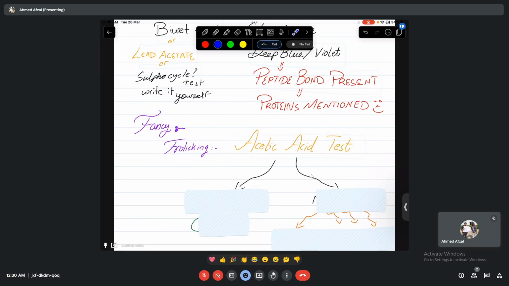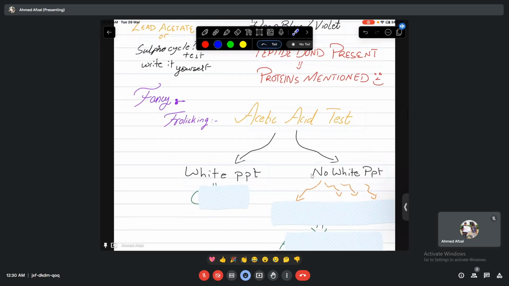Now the acetic acid test is used to find out which amino acid it would be. So there are two results for the acetic acid test. It's either a white PPT forming or a non-white PPT forming. So if a white PPT forms, that means it is the casein protein, and you're done.